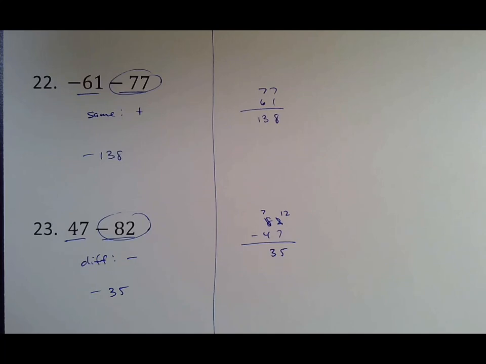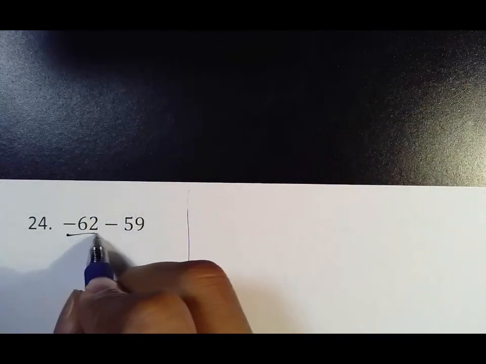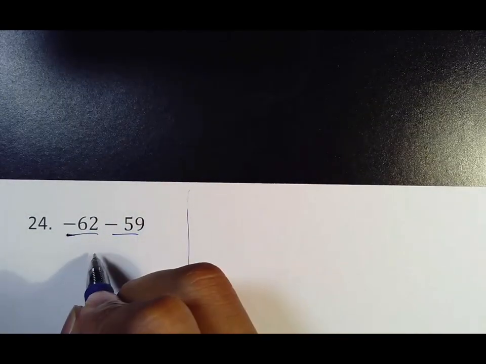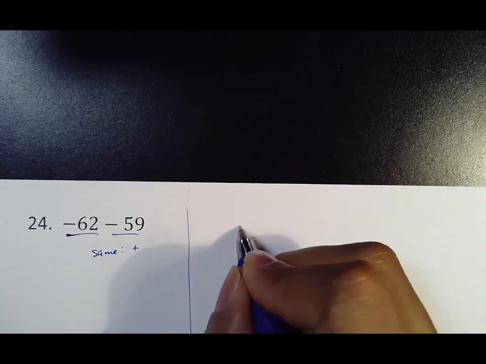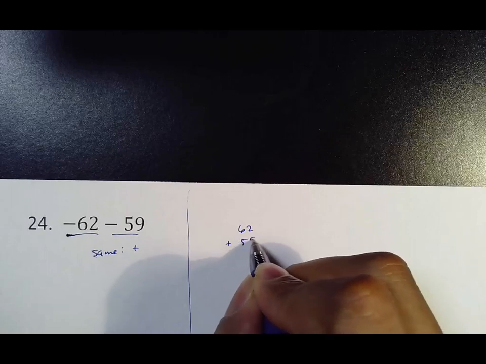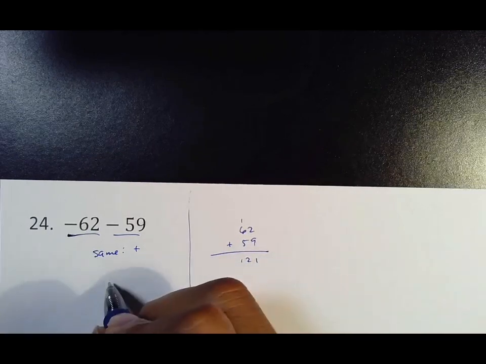All right. 62 minus 59. Same. Add. 11, 12.